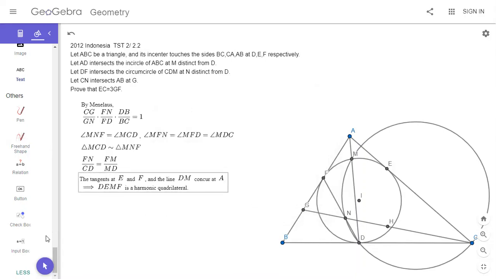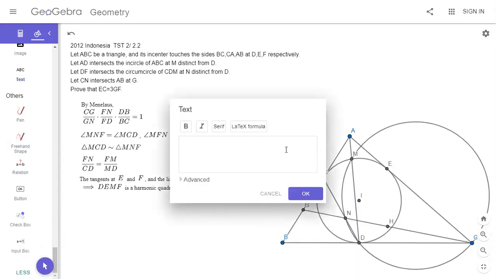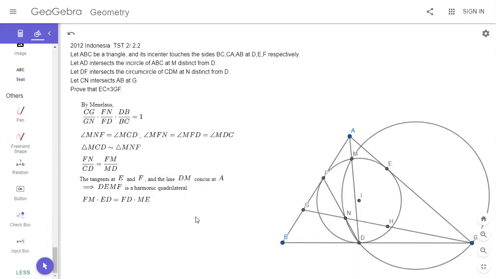And so that means that FM over, I mean, one way to say it is that, just thinking about the best way to do it, but that means that FM times ED is equal to FD times ME. But then by Ptolemy, the sum of these two is MD times EF.